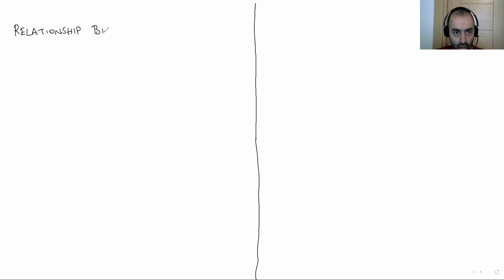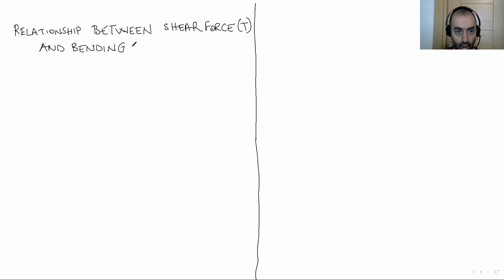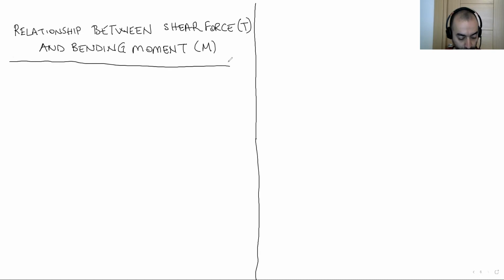Relationship between shear force, which is T, and bending moment, which is M. Okay, here we have a beam.